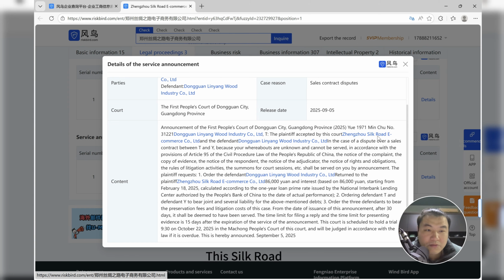This sixth row is the buyer, and this is the supplier. But this guy was doing evil things. They didn't provide the products after they received the payment. So it's very evil. So the buyer sued Lin Yang Wood.